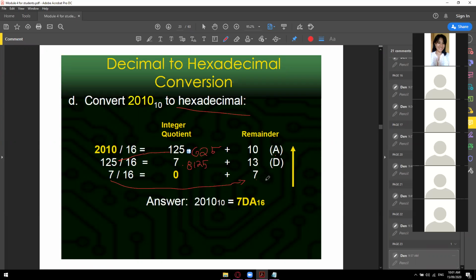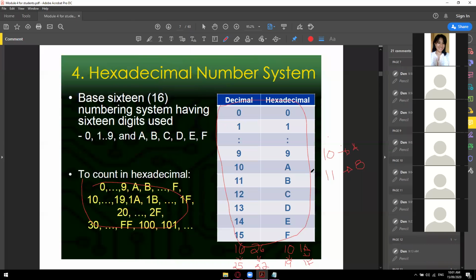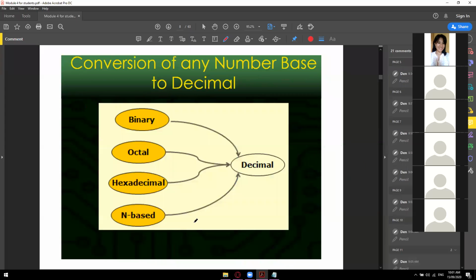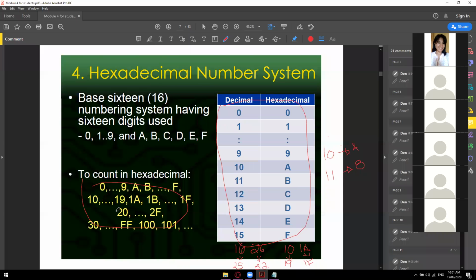Pero hindi pa ako naka-encounter ng ganun. Hexadecimal: 0 to 9, and then A to F. Ito yung 0 to 15 natin. After neto, yung 16 is 10 na.